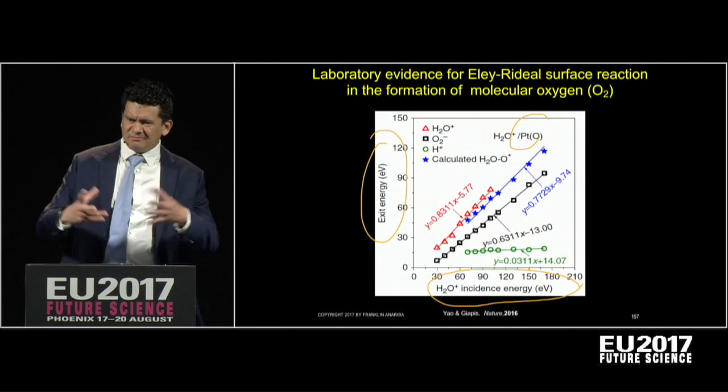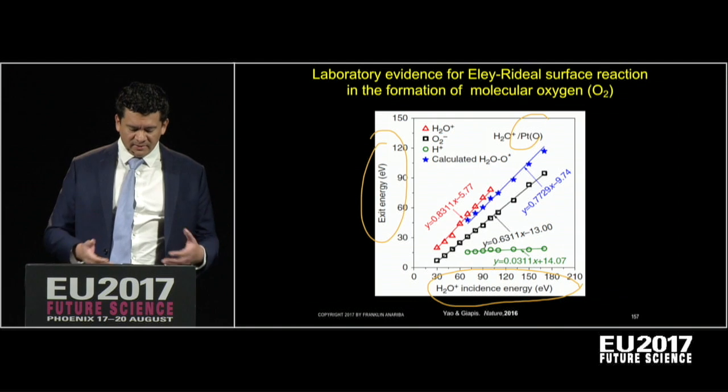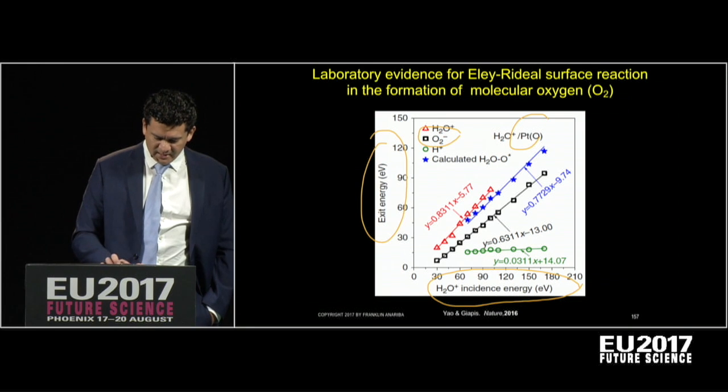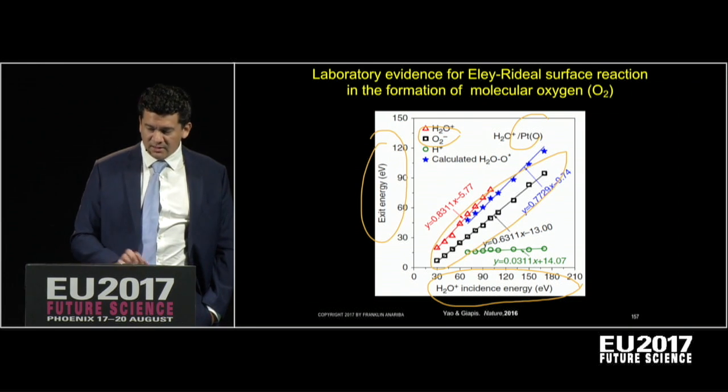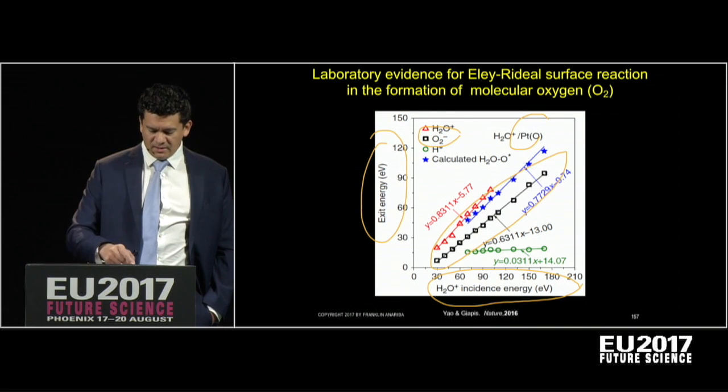This is not how I suspect it is happening in space, but this is idealized, but it's a good start, okay? It's a good start. And we actually see molecular oxygen, which is in black, actually being formed, okay? And you can see there's a linear connection between the amount of energy that the incoming ion will have and the energy that it will come out, okay?